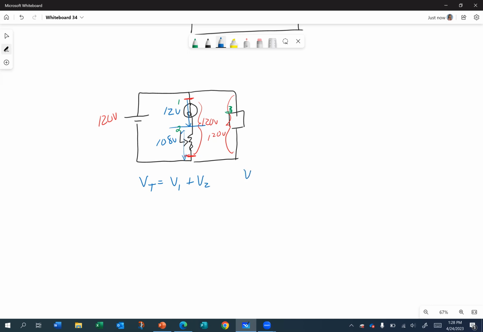V total is equal to 120 volts. V1 is equal to 12 volts, because that's the rating we wanted, which means V2 is V total minus V1, so 120 volts minus 12 volts. V2, I should say, not total. V2 is equal to 108 volts, subtracting those two values.